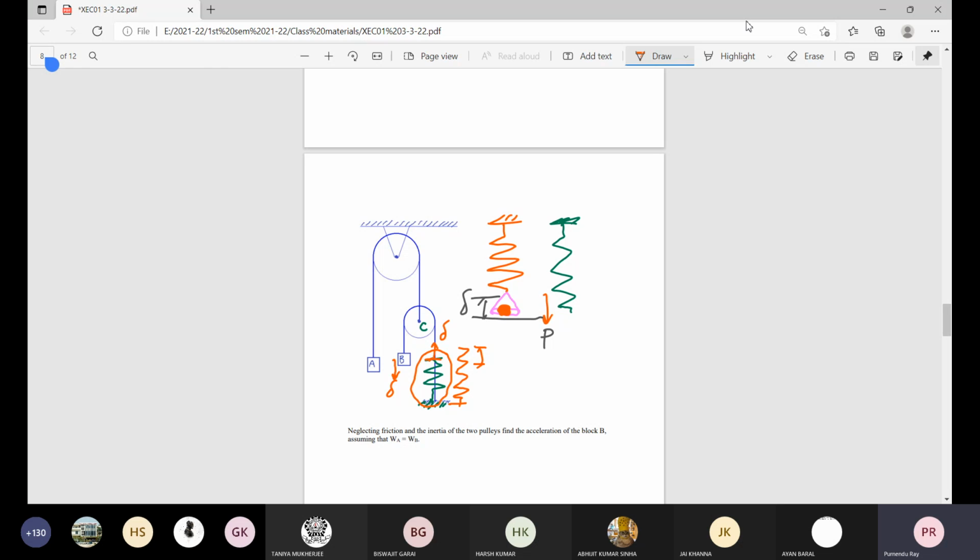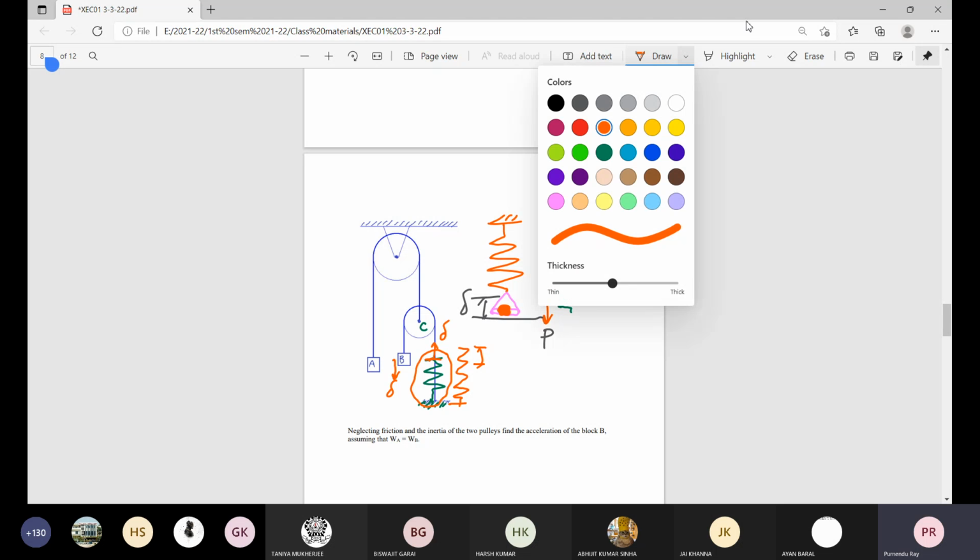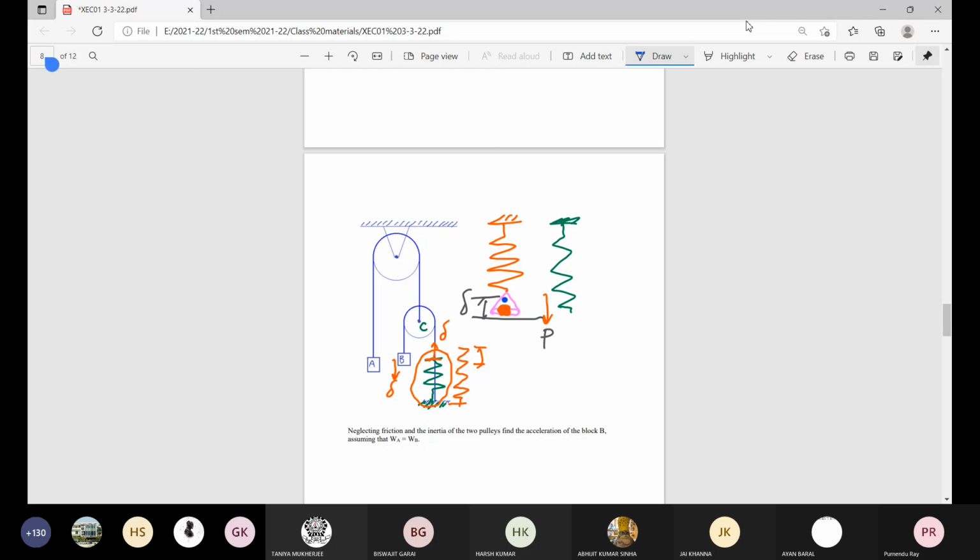If that mass is M1, the force applied P is M1G. We add some more mass there, M2. So what will be the total force acting, the value of P now? G downward. It is M1G plus M2G.